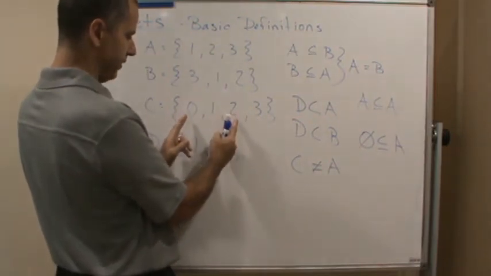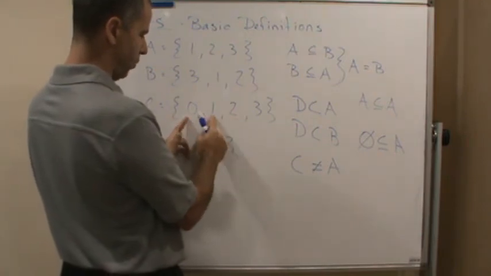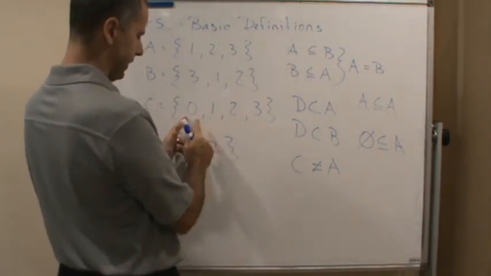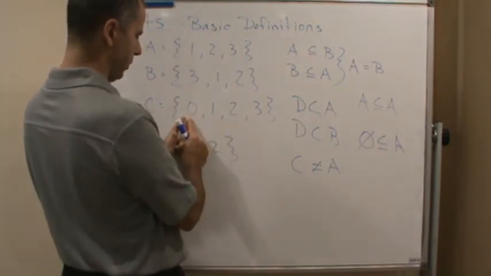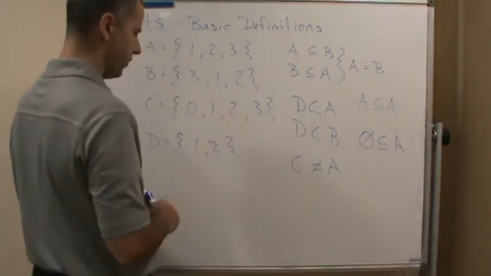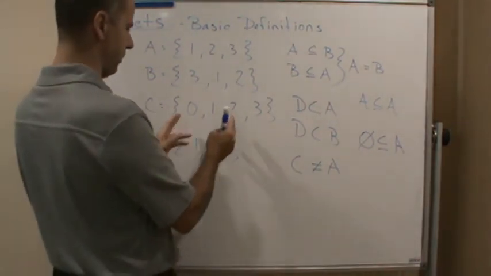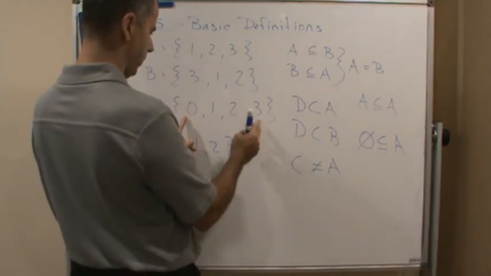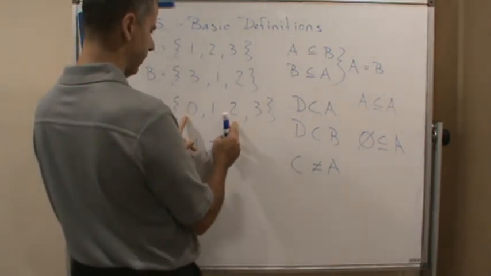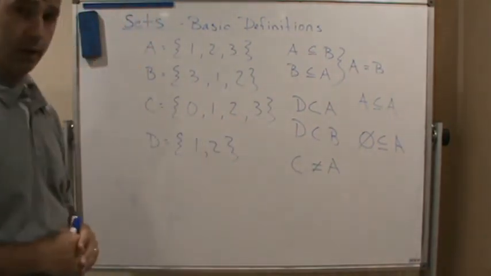I've got 0, 1, 2. I can take 0, 1, 3. I could take 0, 2, 3. I could take 1, 2, 3. So how many different subsets of 3? Well, 1, 2, 3, 4. So that gives me 4.